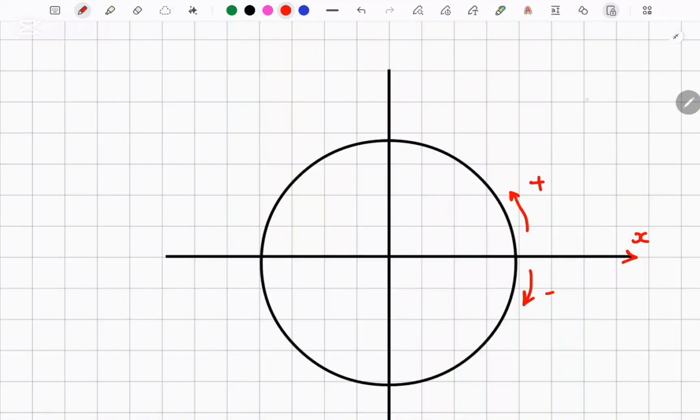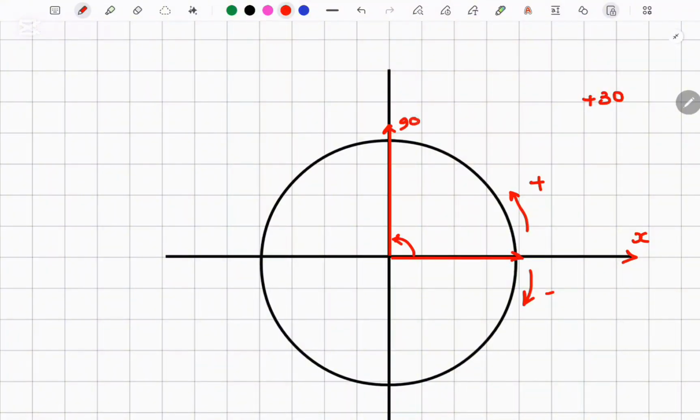For example, if I wanted to show positive 30 degrees, first of all, I know that from the initial side to here, we have 90 degrees. Let's first talk about angles like 90 degrees. This angle over here, this one, is 90 degrees.